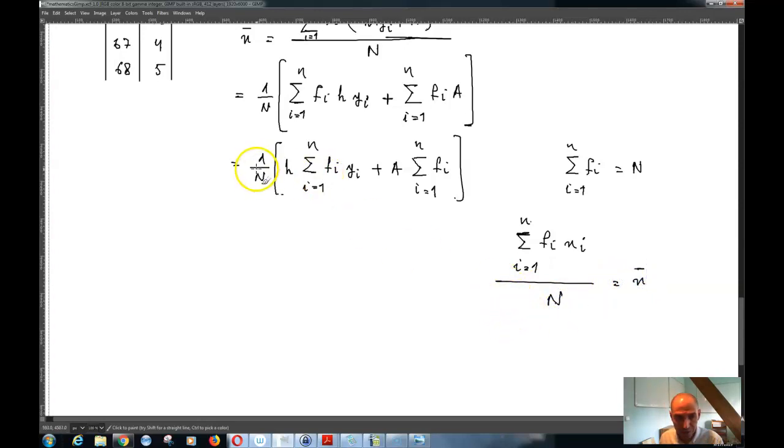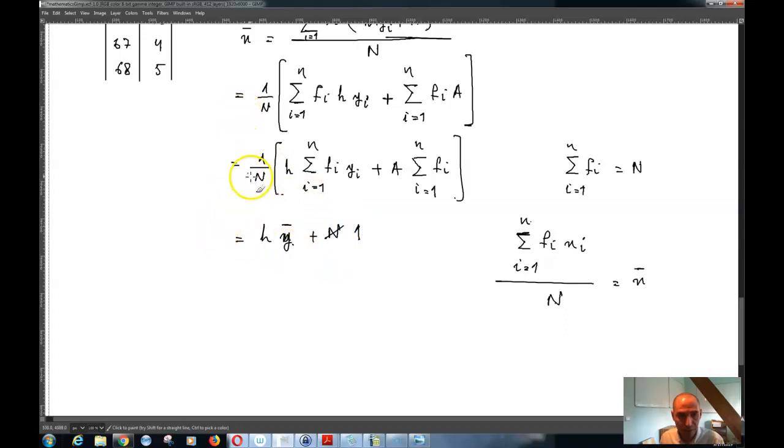So if I multiply these together, I'll get h times x bar. Of course, since the variable is y, I get h times y bar. And over here I have n, and since I multiply n by n, I will get a 1.